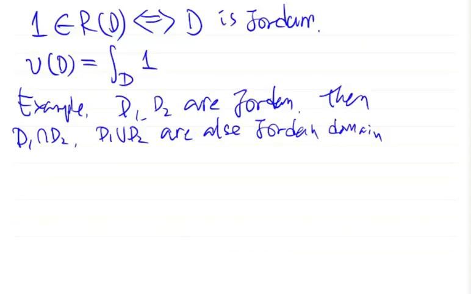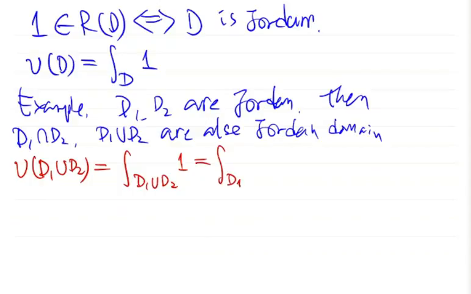So how about the relation of the volume? We have the following result: D1 union D2. The volume of D1 union D2 is the integral of the constant function 1 over this union. But using our previous theorem, we know that this equals the integral over D1 plus the integral over D2 minus the integral over the intersection.